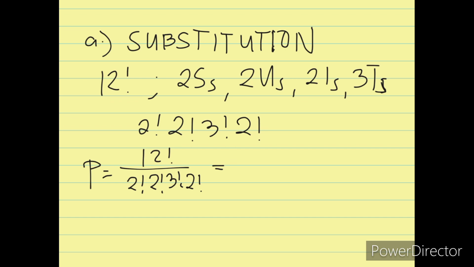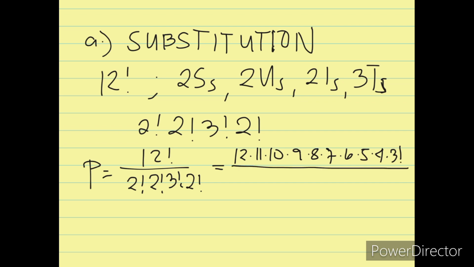So 12 factorial is 12 times 11 times 10 times 9 times 8 times 7 times 6 times 5 times 4 times 3 factorial, all over the first 2 factorial, which is 2 times 1, another 2 factorial, 2 times 1, and the 3 factorial.